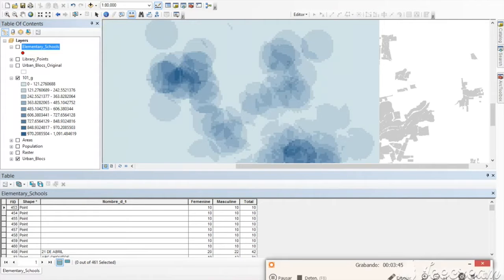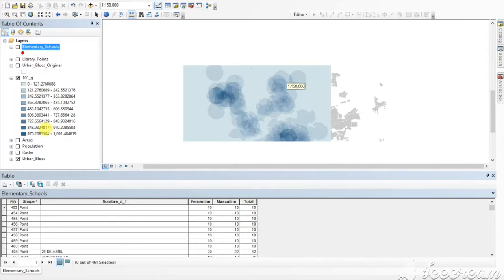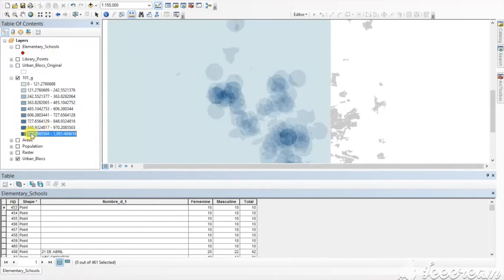But the main thing that this analysis will be giving us is the concentration of students. So these are the values that really matter to us, and that will determine where the libraries will be put.